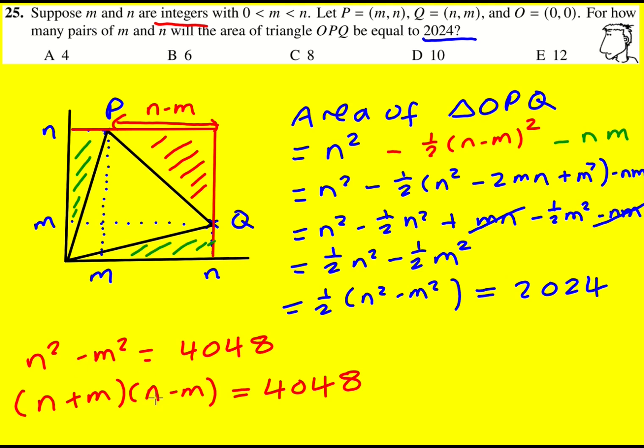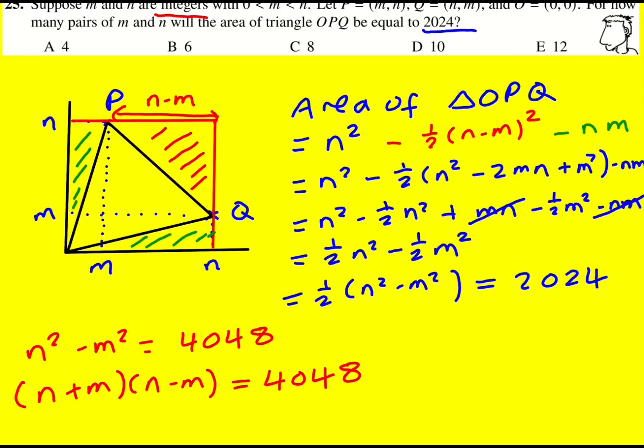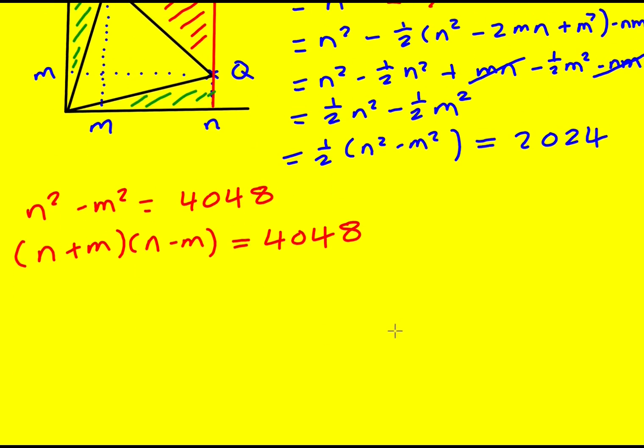Now we need to find the factors of 4048. It's 2 times 2024, and you might have already dealt with that prime factorization a couple of times in this competition, but let's do it again. I can write 4048 as 4 times 1012, a sort of factor tree.